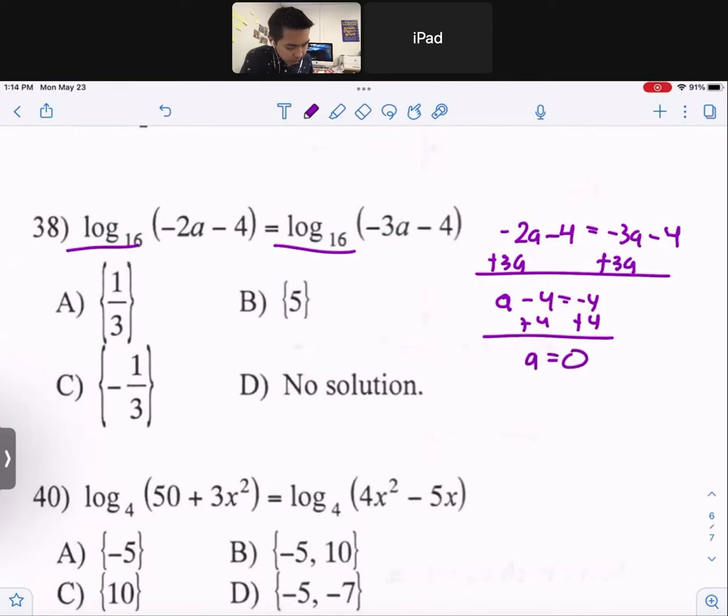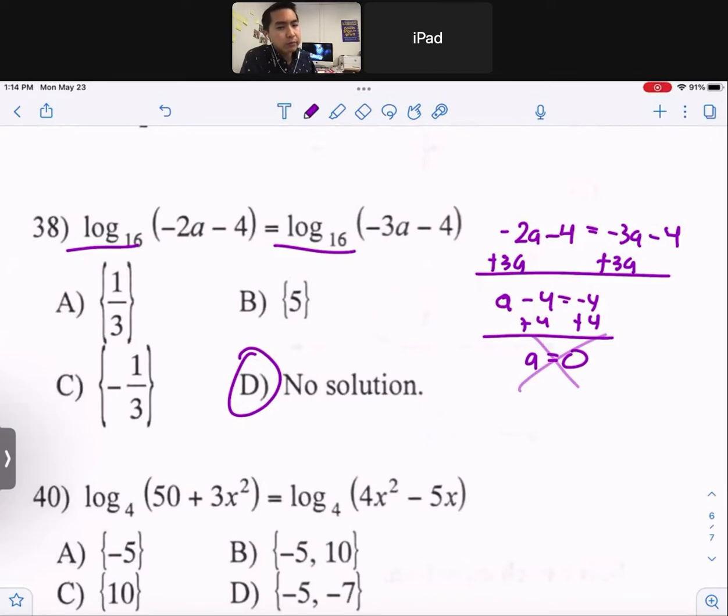A equals 0, but then when we plug in this 0 into here, for both of them it's going to be log base 16 of -4. So watch, if you plug in 0 into here, 0 minus 4, that's -4, that's log base 16 of a negative number. That is not allowed. So that means this can't be our answer, which means we got no solution.